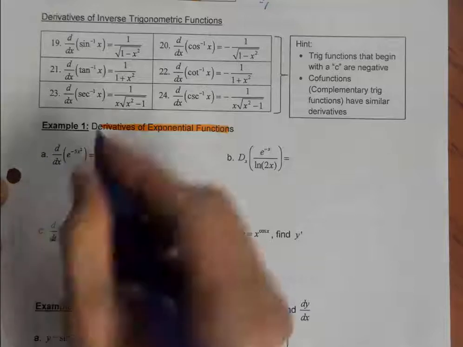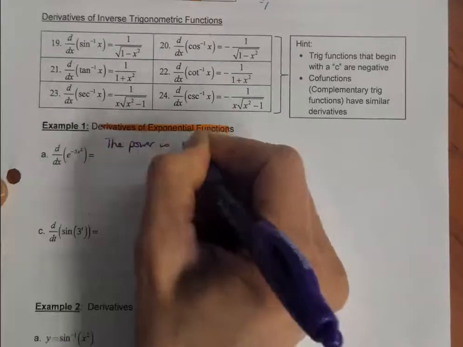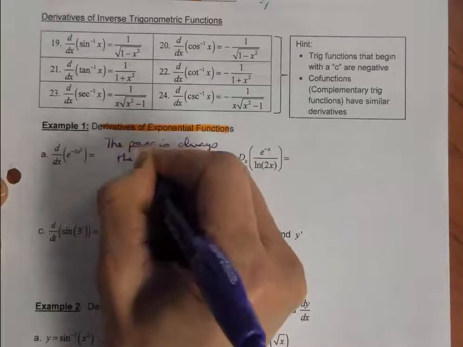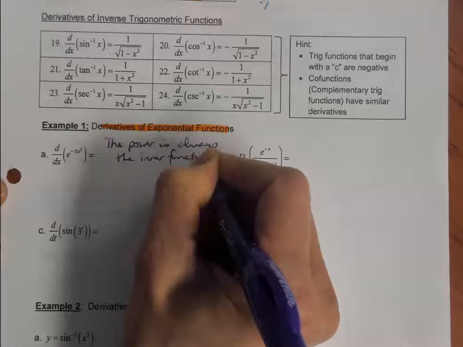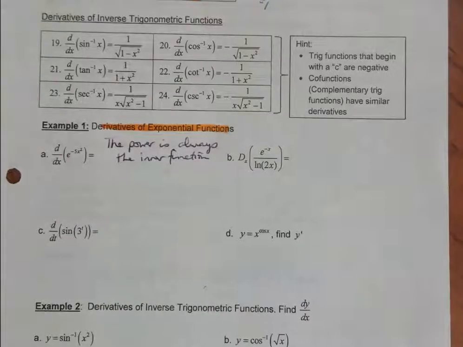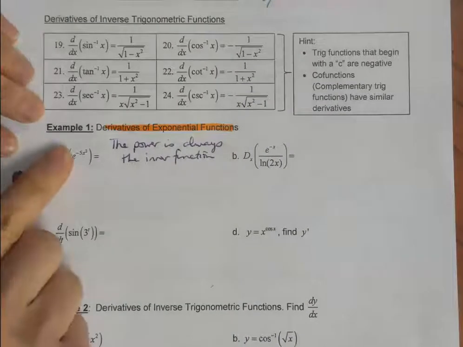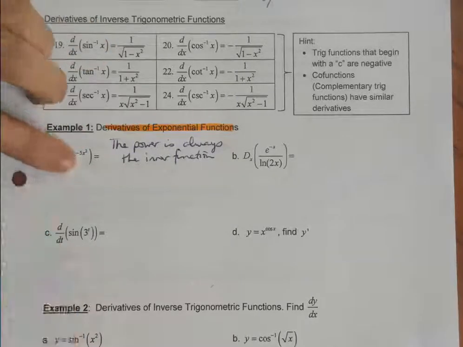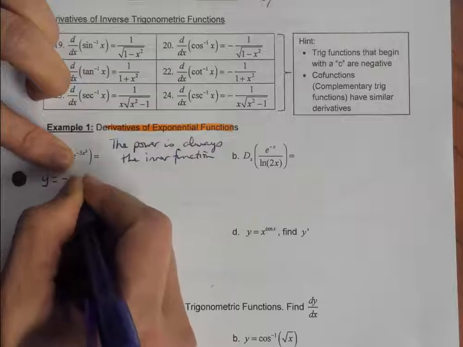If I cover up my base of e, negative 5x squared is my inner function, so that derivative would be negative 10x.